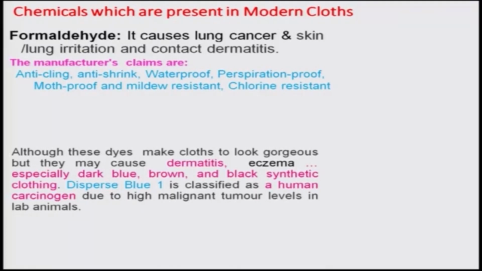Manufacturers always claim anti-cling, anti-shrink, waterproof, perspiration proof, moth proof, mildew resistance and chlorine resistance, a lot of things they write on the product to lure people so that they will use it, and people get swayed by their advertisement.